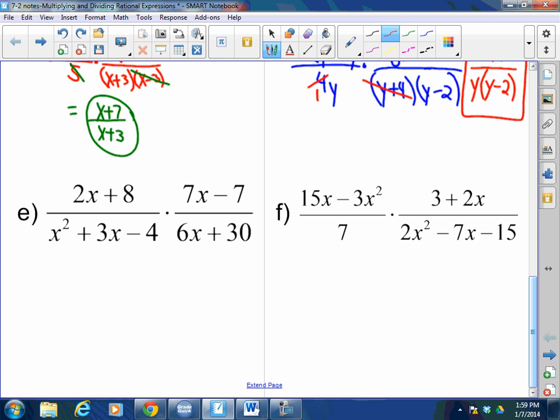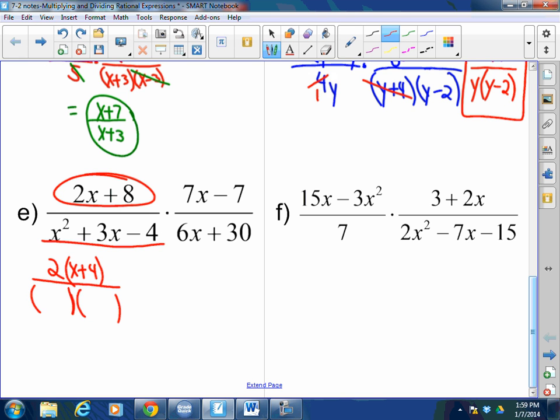Okay, let's factor. What do we got? I could factor out a 2, so I got x plus 4 over x plus 4, x minus 1, times factor out of 7, x minus 1, over factor out of 6.